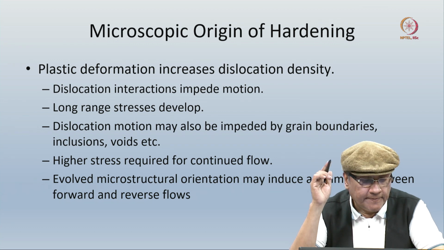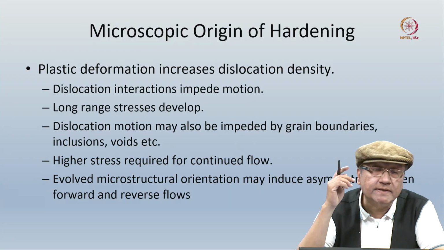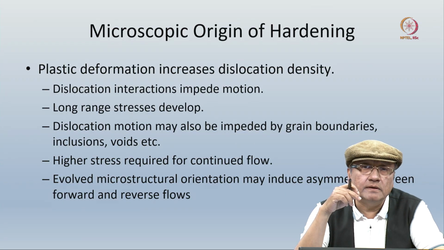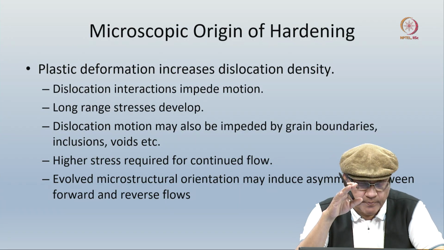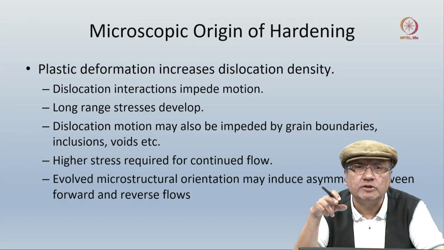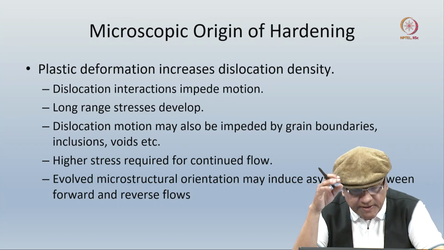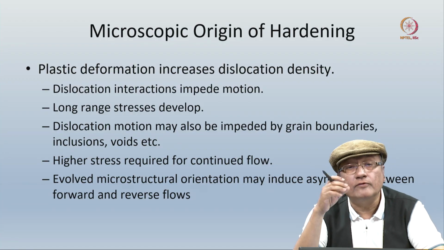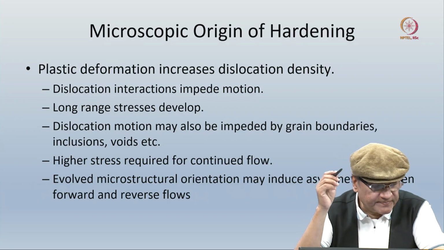In the process, long range stresses can develop. It is not just the increase in dislocation density that is important in impeding the motion of dislocations, but also the presence of certain inclusions or voids or the presence of grain boundaries.